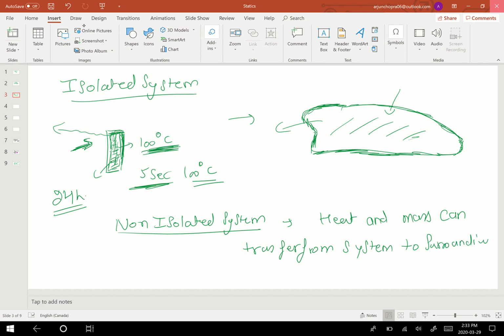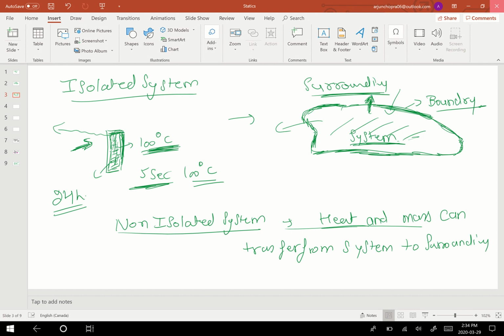If this is a system, then this becomes the surroundings, and this becomes the boundary, BND, and the system is differentiated from the surroundings with the help of the boundary. In a non-isolated system, heat and mass can be transferred from the system to the surroundings.